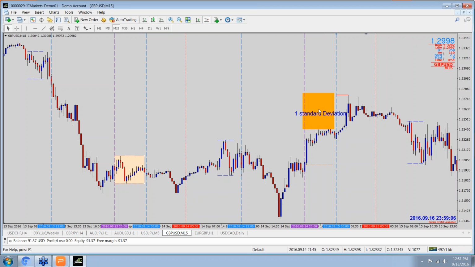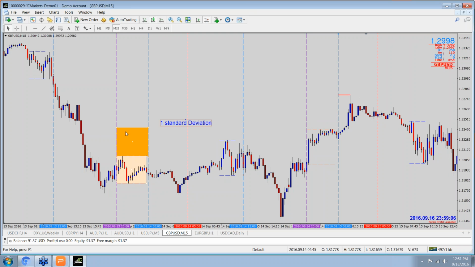All right, so there's 1, 2, bring this down. Okay. 1 standard deviation. All right, then we draw this across in time. We've got half a standard deviation. So not that much, but still we're into the standard deviation zone, which is obviously a good zone to understand where market structure is going to be manipulated.